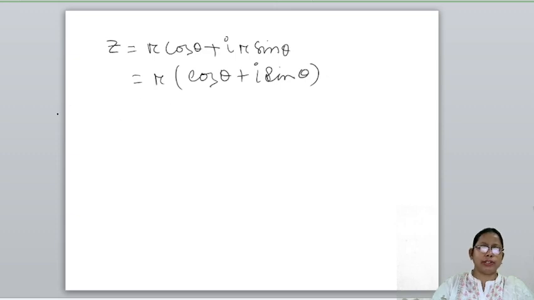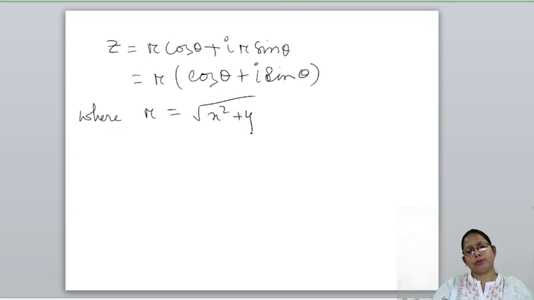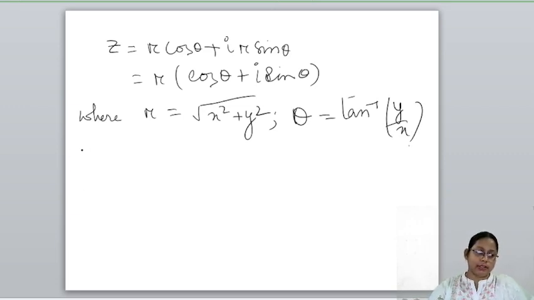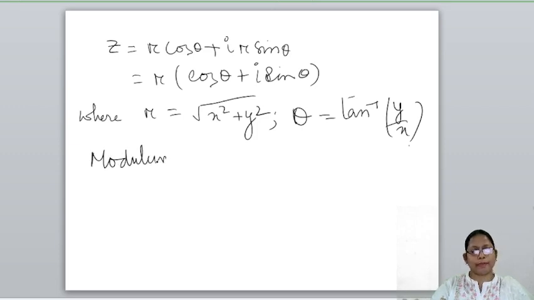This is also known as the modulus-argument representation of the complex number, where r is root over x square plus y square, and theta is tan inverse y by x. This is sometimes also known as the modulus-argument form of a complex number.